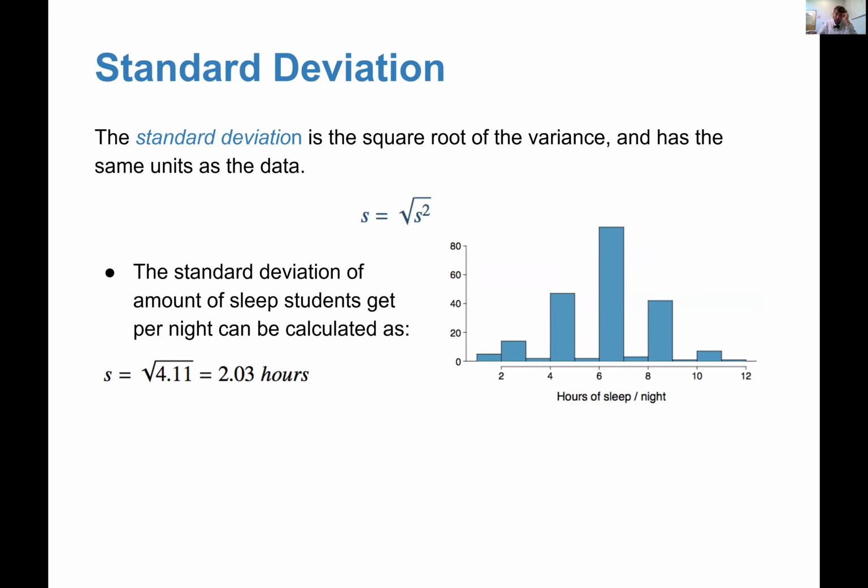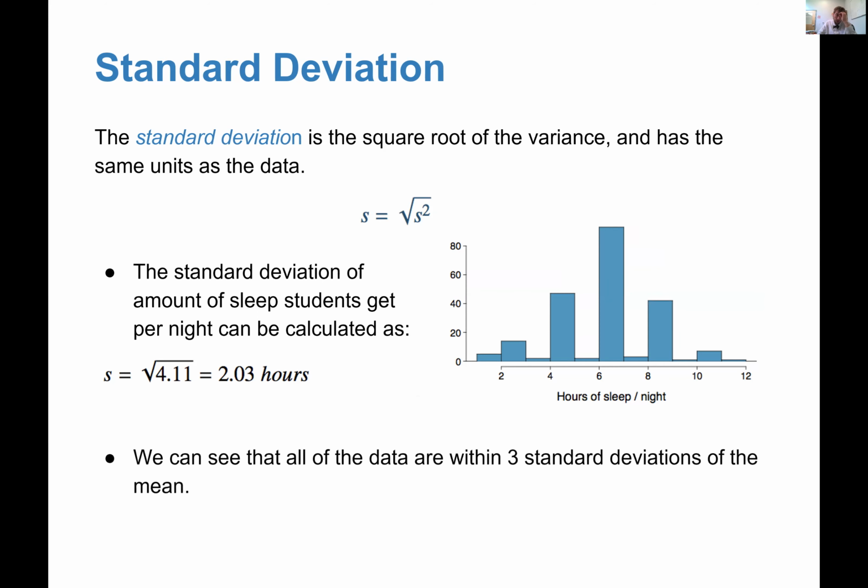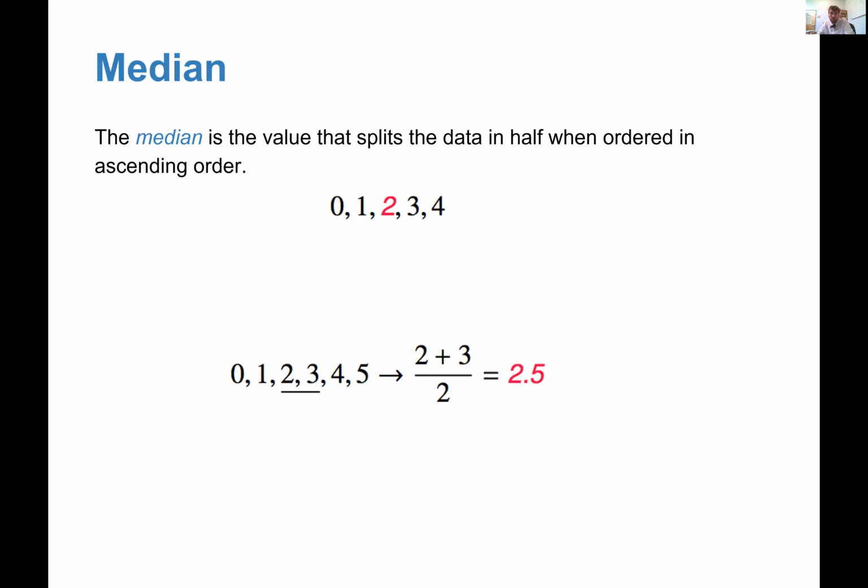So the mean is about 6 point something. And so 3 standard deviations of the mean would be past 0 or past like 12 or 13. So not all the data is within 3 standard deviations of the mean, which is normal.